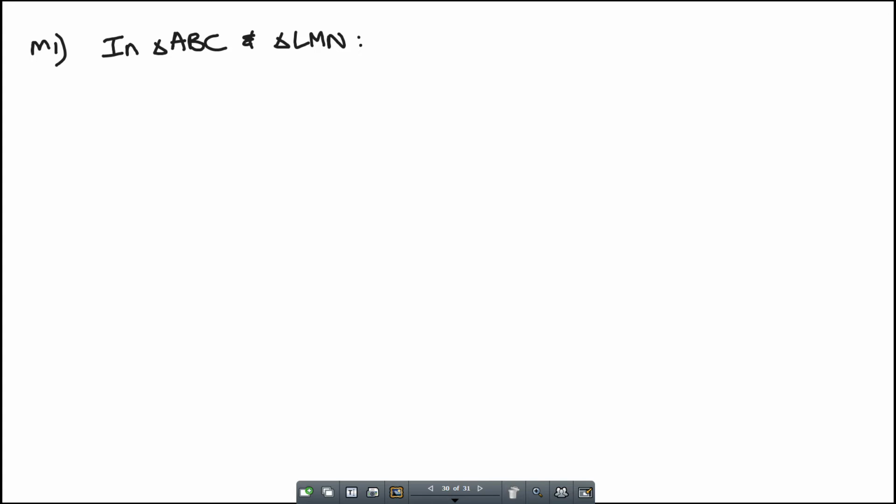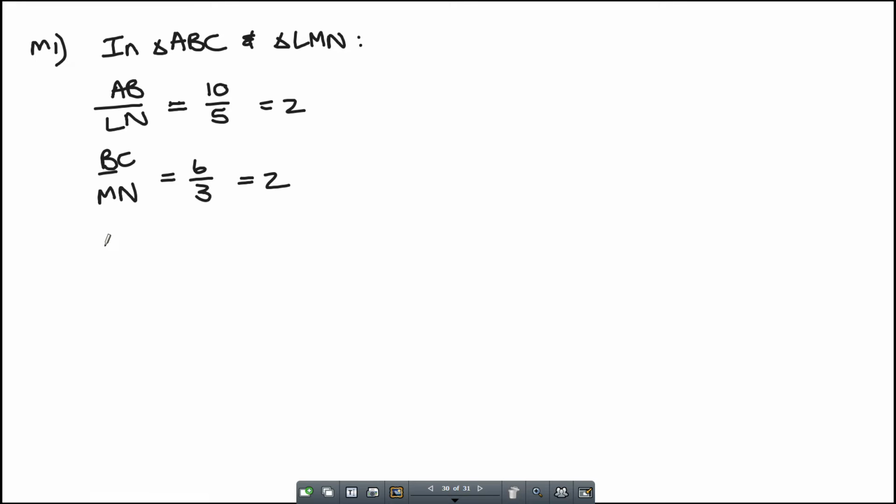Ons vat die langste sy by die groot driehoek, so ek gaan sê AB oor LN, en dit gaan wees 10 op 5, and that simplified gave me 2. Okay, then we take the shortest one, so BC over MN, which was 6 over 3, and that also gave me 2. Then the remaining side, AC over LM, wat 8 op 4 is, en as ek dit vereenvoudig, gee dit vir my 2.